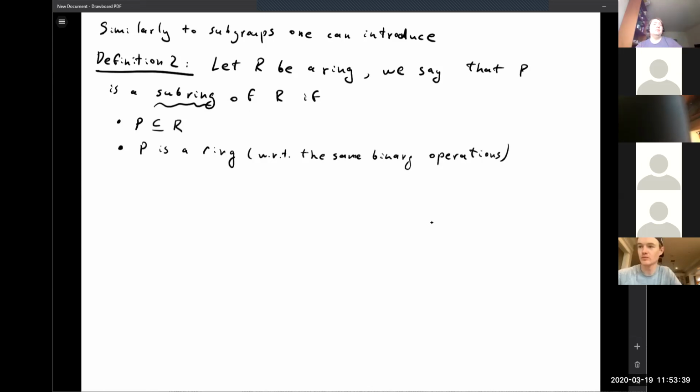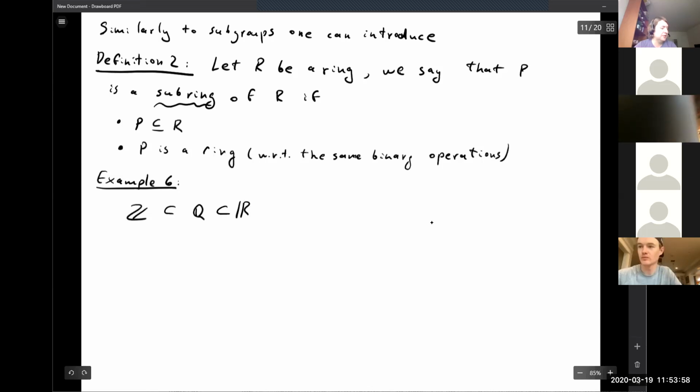Now, examples of subrings would be as follows. Example 6. If we look at the ring of integers, it is a subring of the ring of rational numbers, which is in turn a subring of the ring of real numbers, which is in turn a subring of the ring of complex numbers, which is in turn a subring of the ring of quaternions.